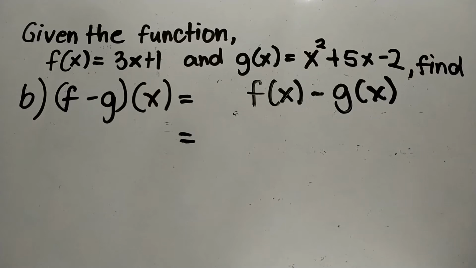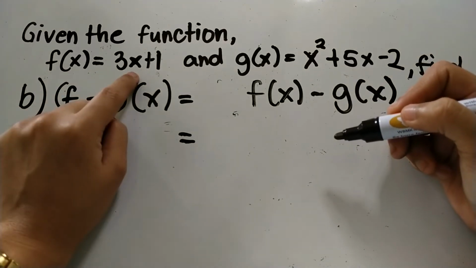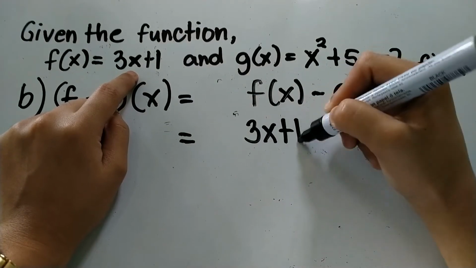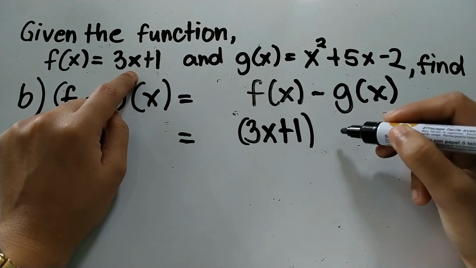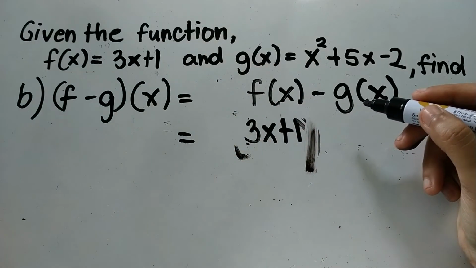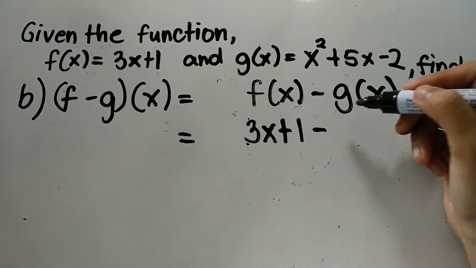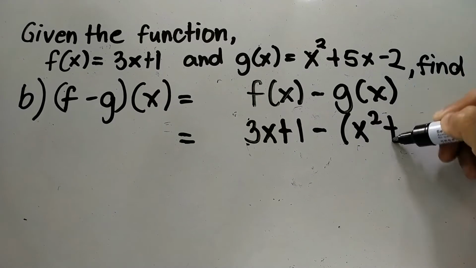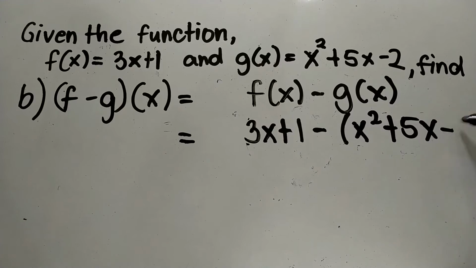To solve, simply, we'll substitute again. What is f of x here? It's 3x plus 1. Then, we'll erase this. Minus, we will enclose this with negative sign because we will multiply this later.